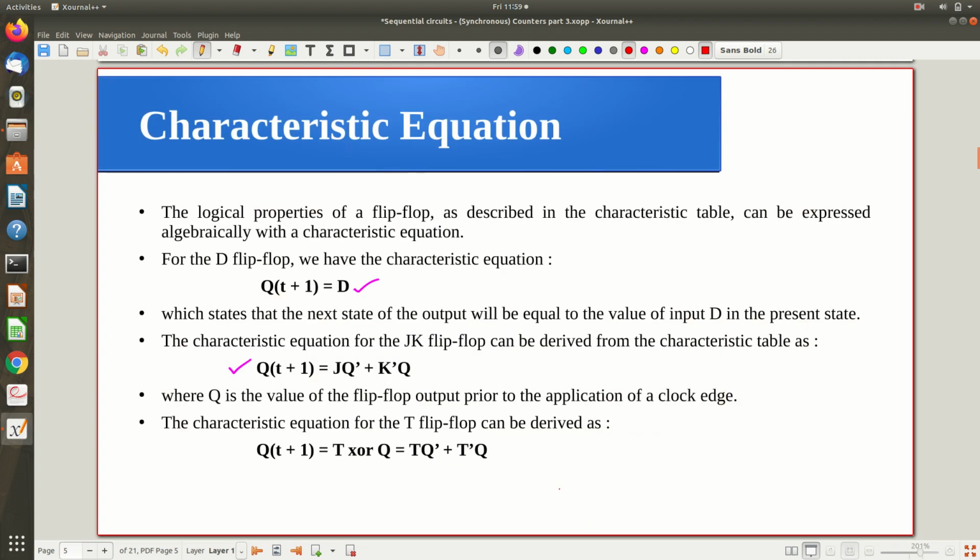Similarly, you try for the T flip-flop, you will get the XOR of T and Q. How can you convert this JK to T? It's very straightforward, because from here, the same procedure that I discussed, you can try here also.